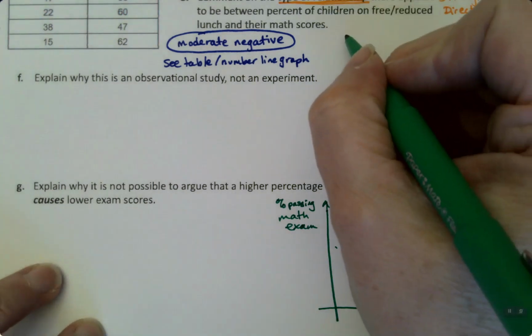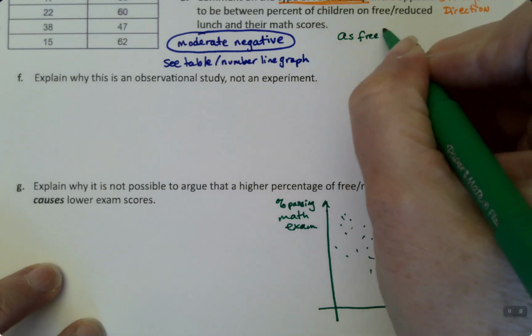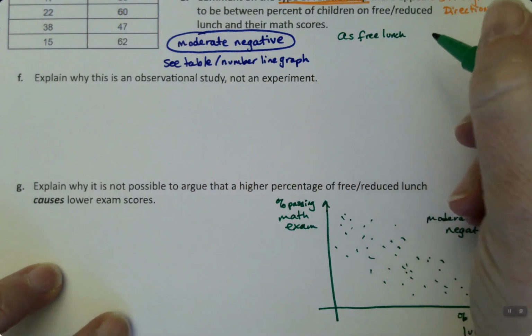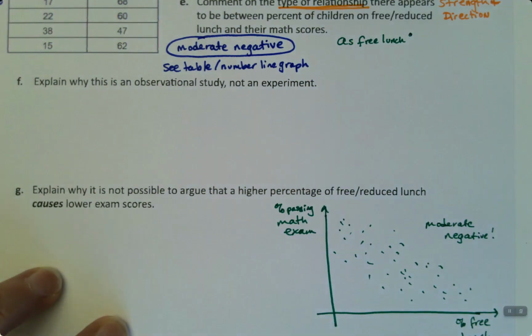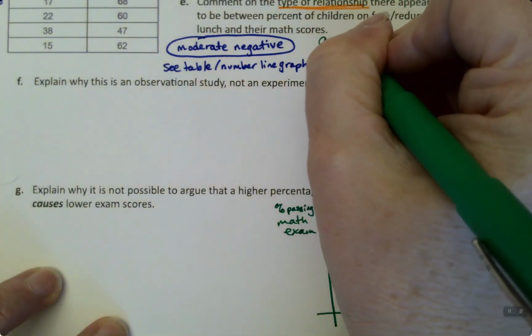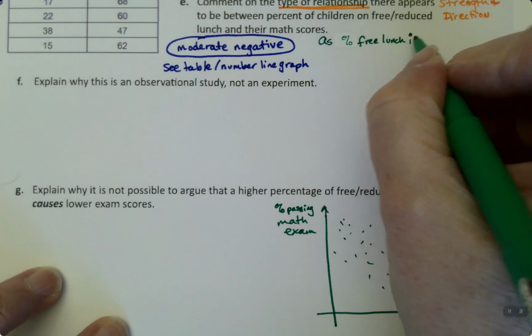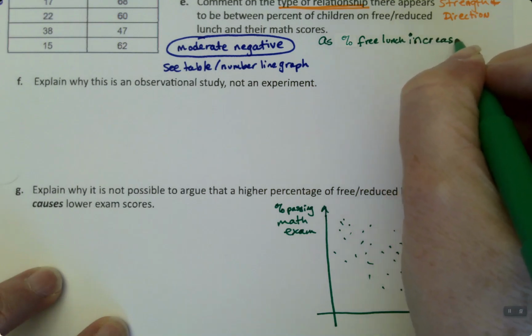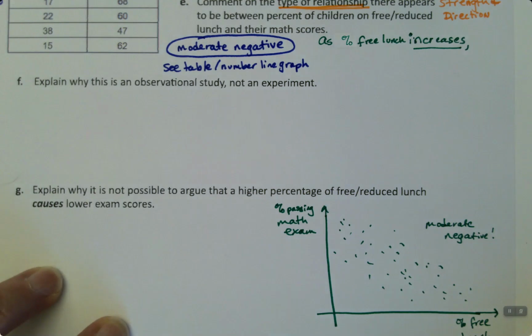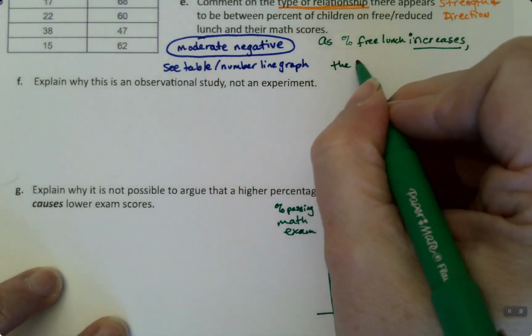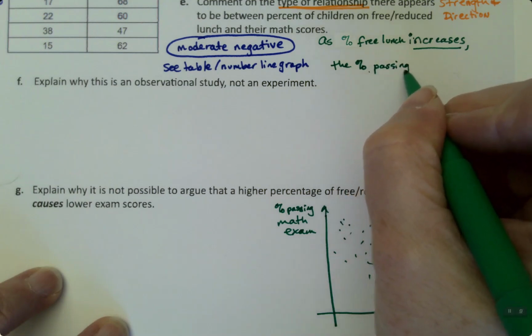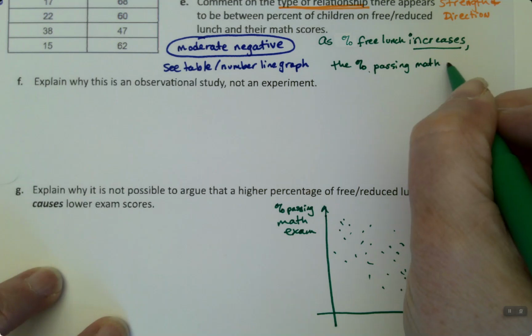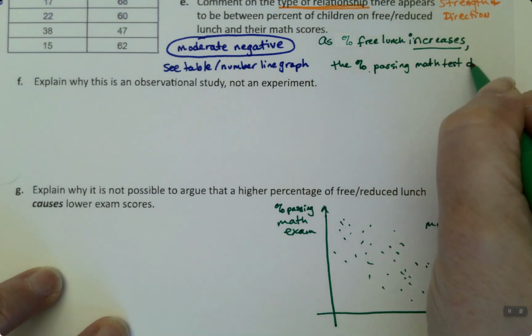This means as the percentage on free reduced lunch increases, then the percentage passing the math test decreases.